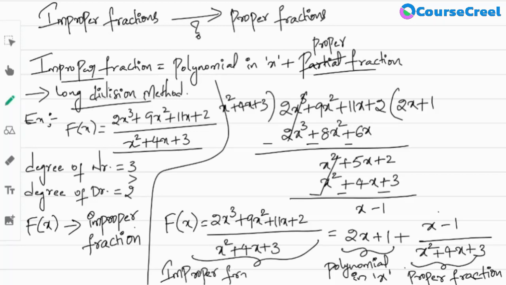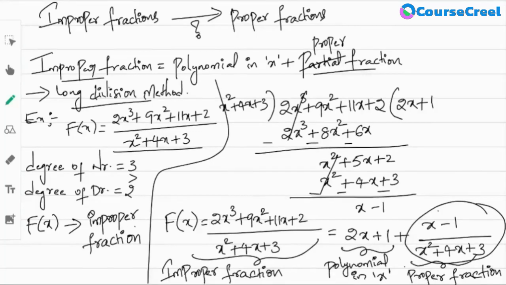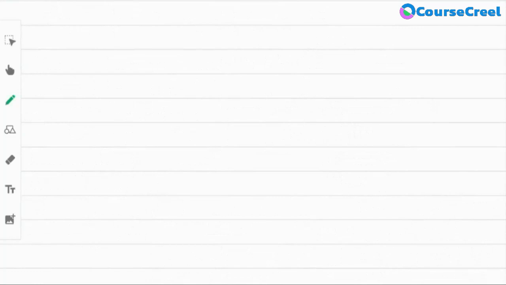Now we can apply partial fraction expansion to this proper fraction and get the inverse Laplace transform of the given signal. Now we will see the steps to follow in order to find the partial fractions.